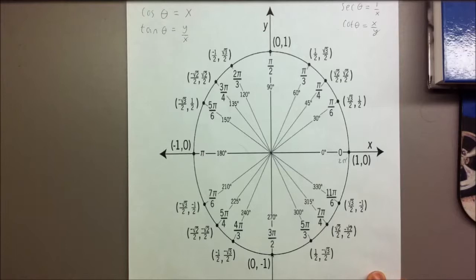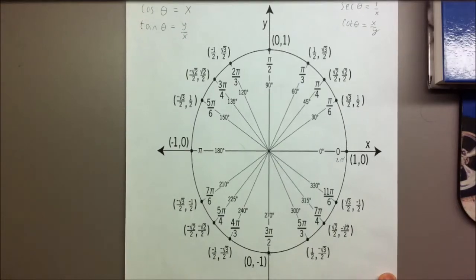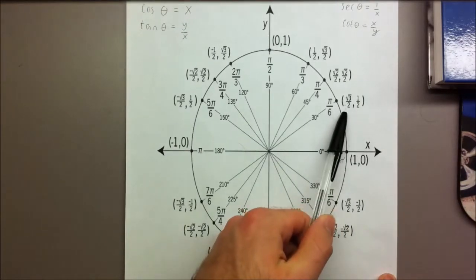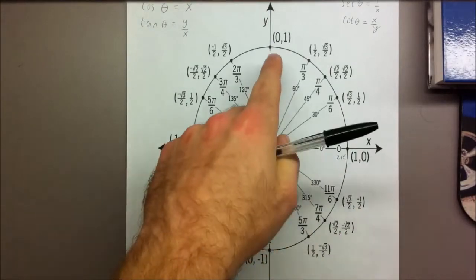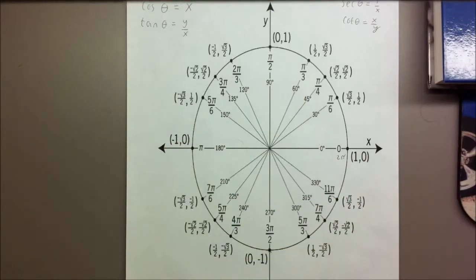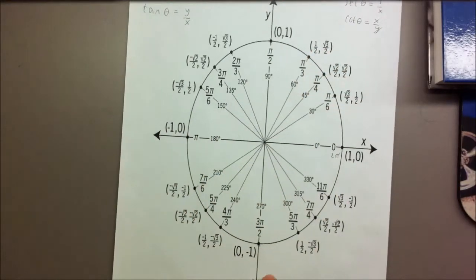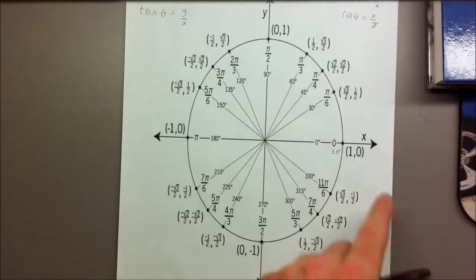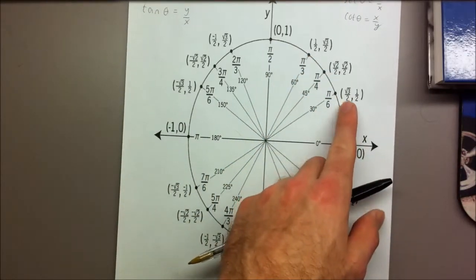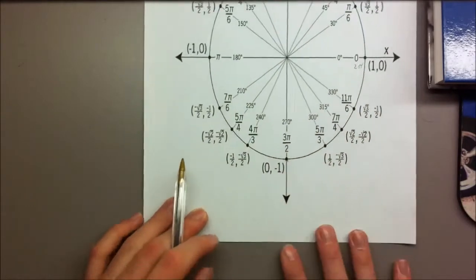So the next thing you want to know how to memorize would be the ordered pairs associated with all of them. There are actually 4 different values that you can have for x comma y: 0, 1/2, square root of 2 over 2, square root of 3 over 2, or 1. So let's write that out here real quick.